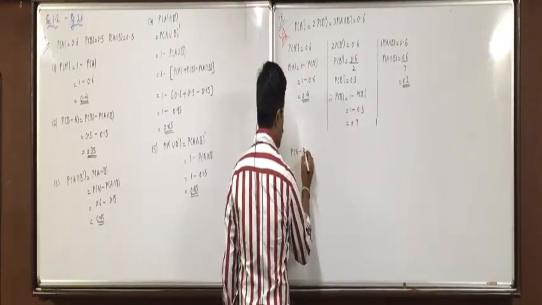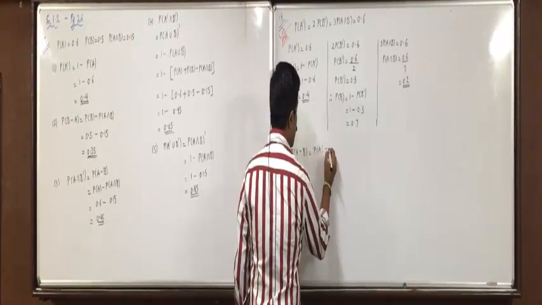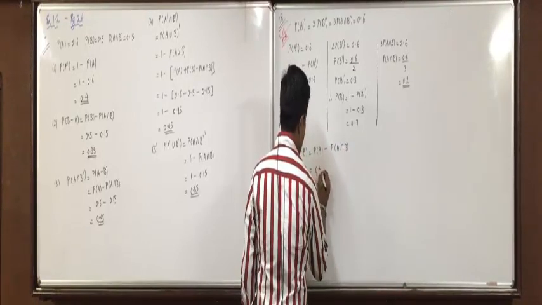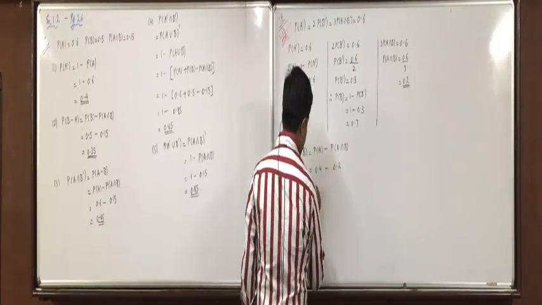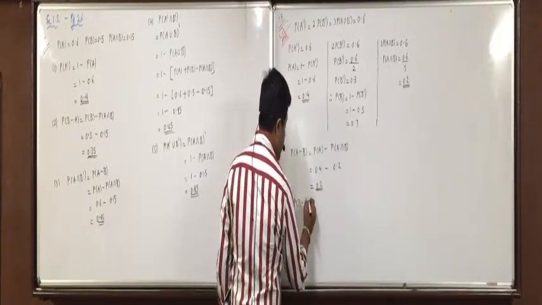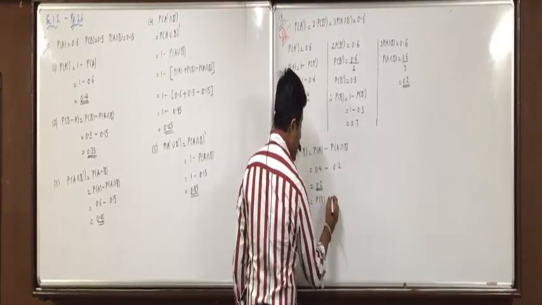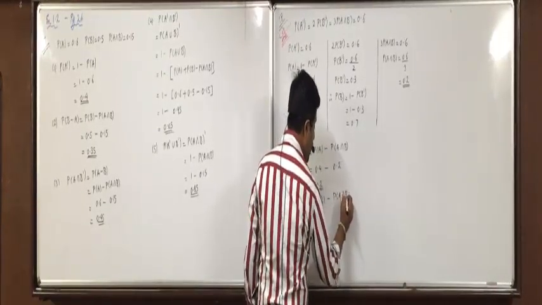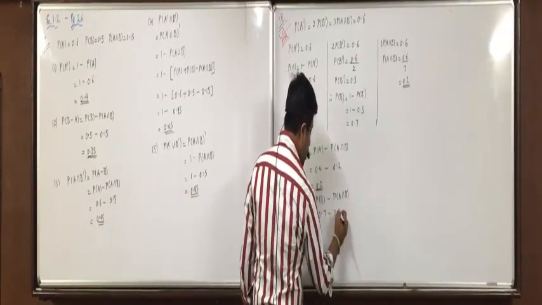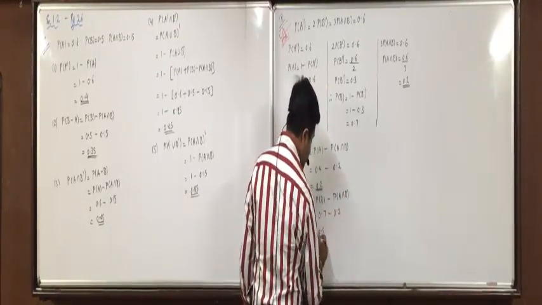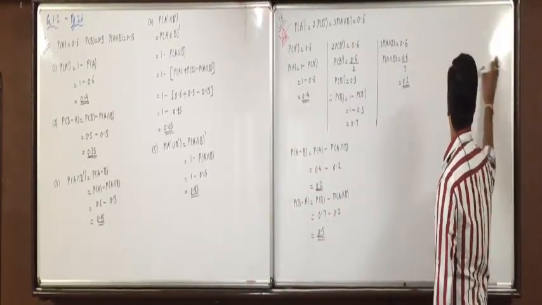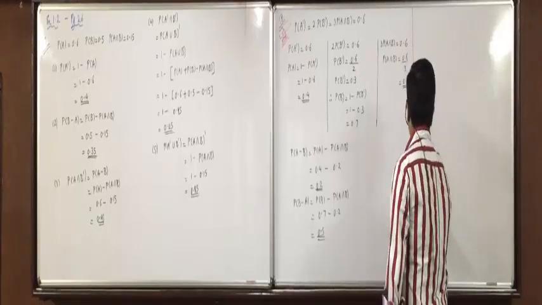Now P(A minus B) equals P(A) minus P(A∩B), that is 0.4 minus 0.2, that is 0.2, and P(B minus A) is equal to P(B) minus P(A∩B), which is 0.7 minus 0.2, that is 0.5. Are you all clear with this? Any confusions? Homework questions all okay, able to do?